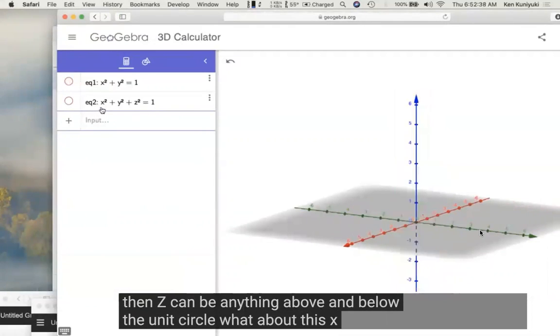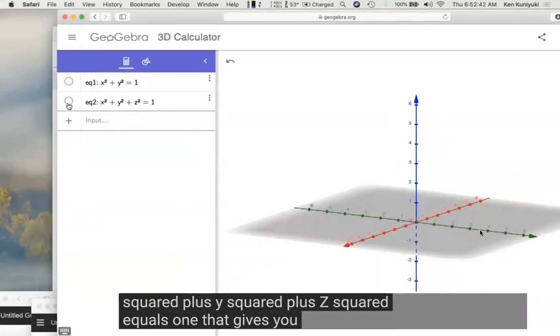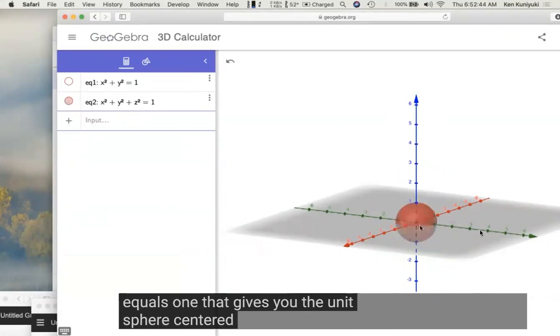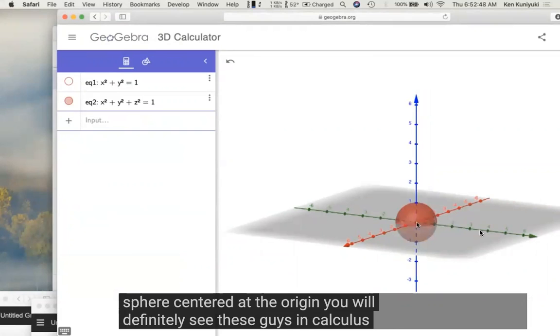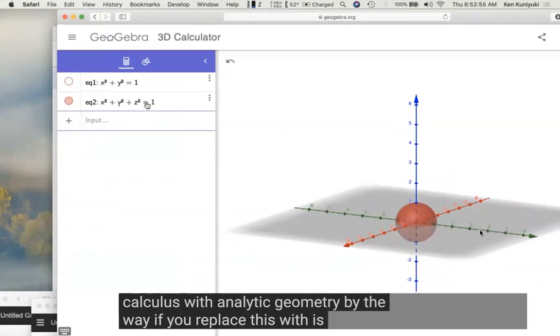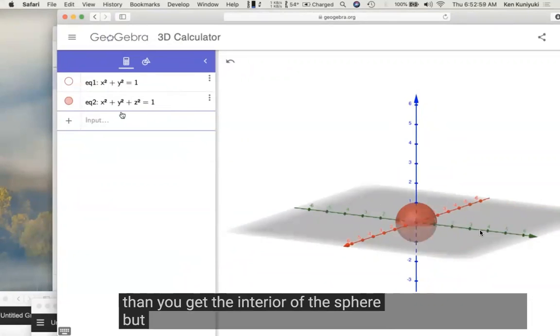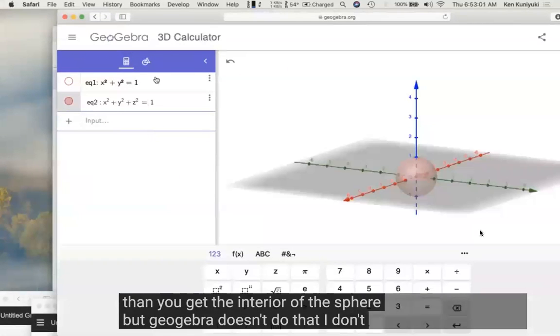What about x squared plus y squared plus z squared equals 1? That gives you the unit sphere centered at the origin. You will definitely see these in calculus with analytic geometry. By the way, if you replace this with is less than, you get the interior of the sphere. But GeoGebra doesn't do that, I don't think.